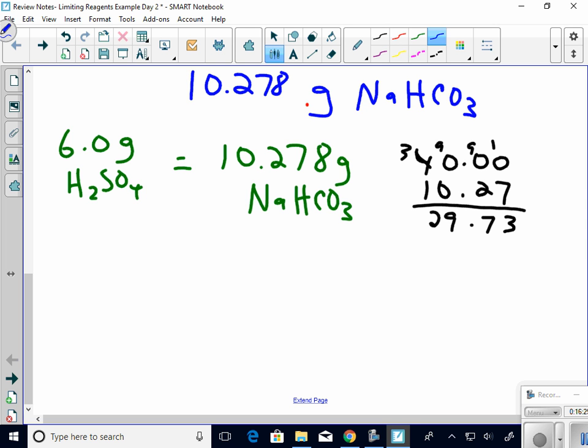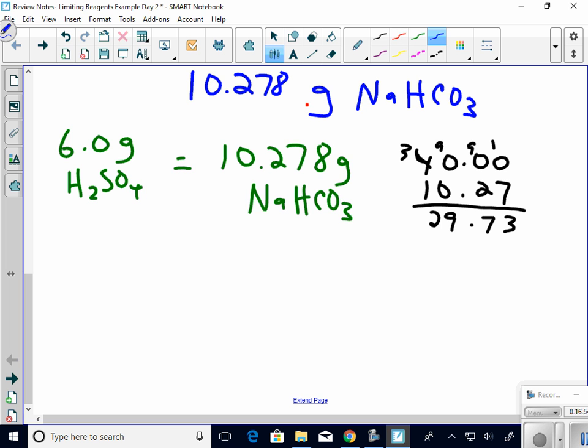Which one do you think I should start with? Which value should I use of my mass to start my calculations? The limiting reagent. Because did I use all of the other one? No. I've got 29 left over.